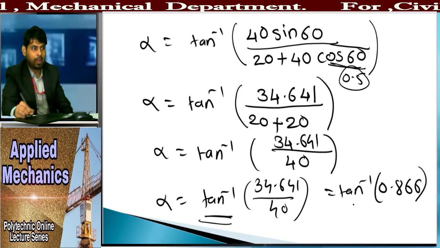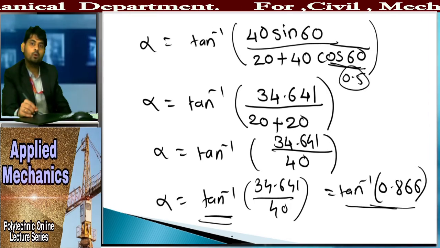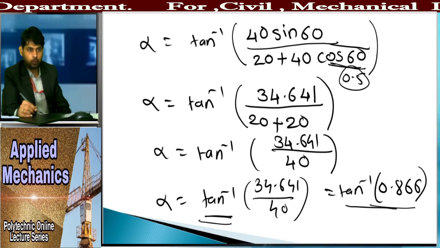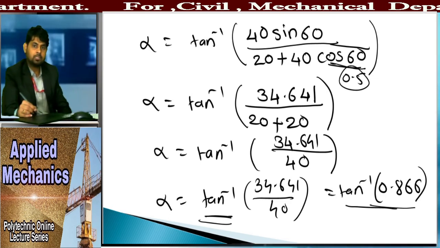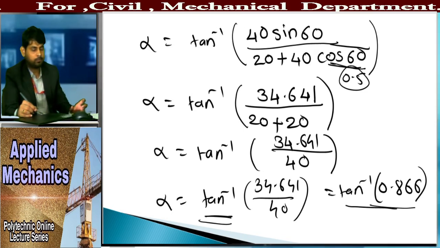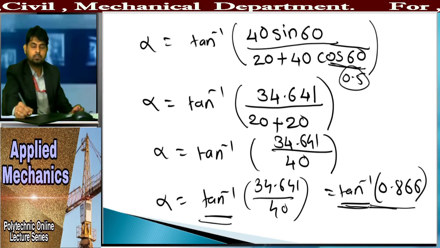So for finding the value of tan inverse of 0.866, what you have to do in your calculator, there is a button for tan. Before pressing the tan, just press the shift button and after that press the tan button. So that will be the tan inverse.